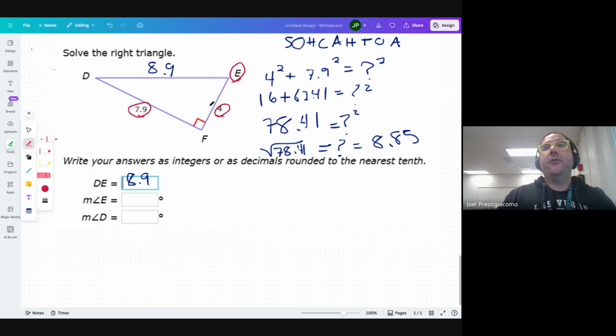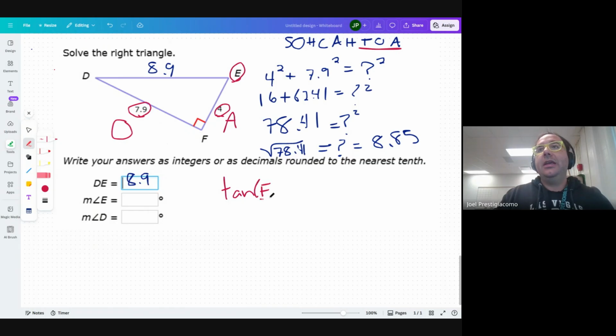These are the two sides, 4 and 7.9. 7.9 is the opposite side, 4 is the adjacent side. So this is tangent. So I would say the tangent of angle E is going to equal 7.9 divided by 4, which means that the measurement of angle E is going to be the inverse tangent of 7.9 over 4.